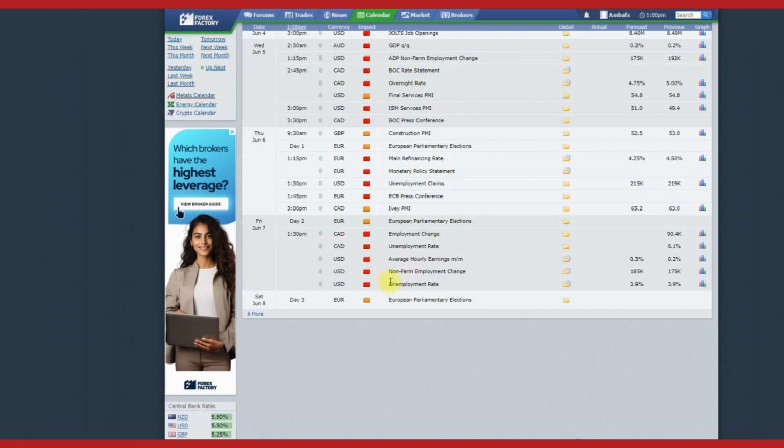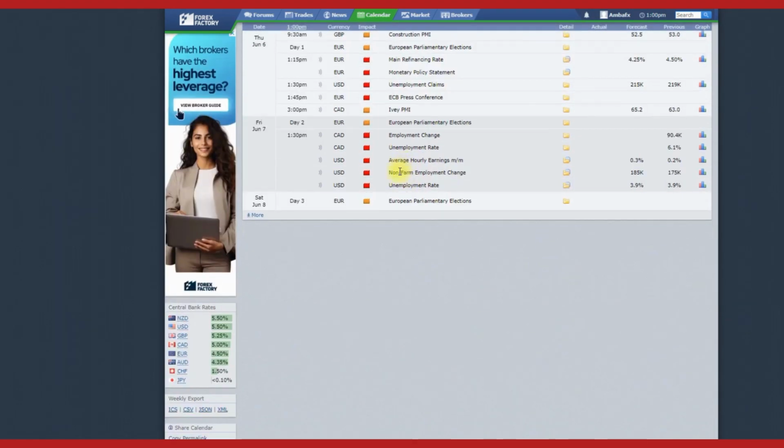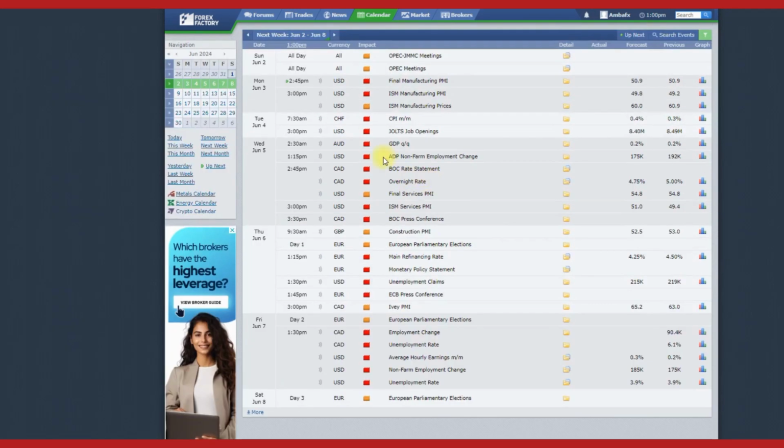And in the US dollar, the non-farm employment change previous is 175 and the forecast is 185, and the unemployment rate previous is 3.9, the forecast is 3.9. So let's see how it goes.